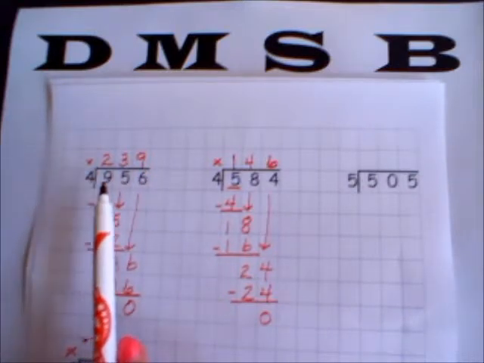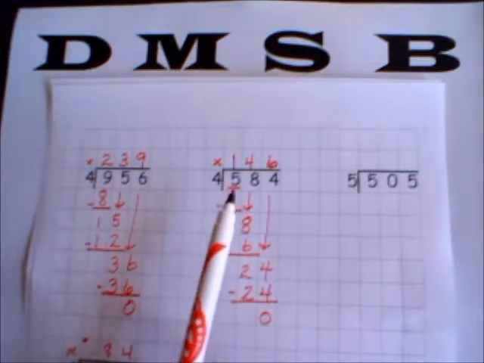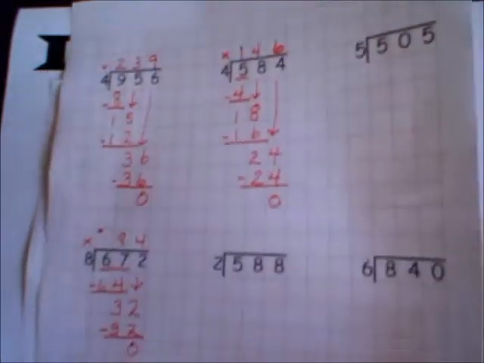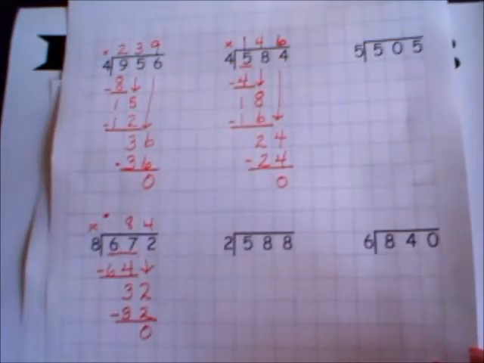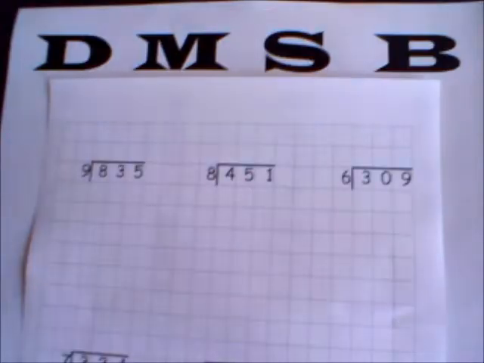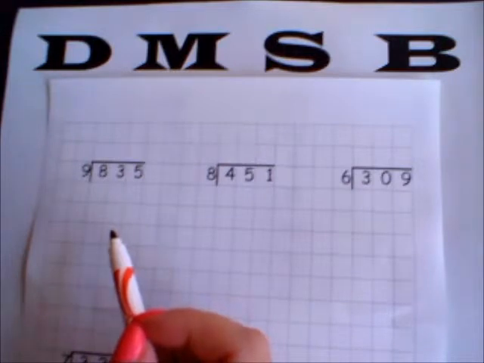So 4 divided evenly into 956. 4 divided evenly into 584. And 8 divided evenly into 672, okay? But sometimes our numbers did not divide evenly, okay? And we're going to show you what you do if the numbers do not divide evenly.